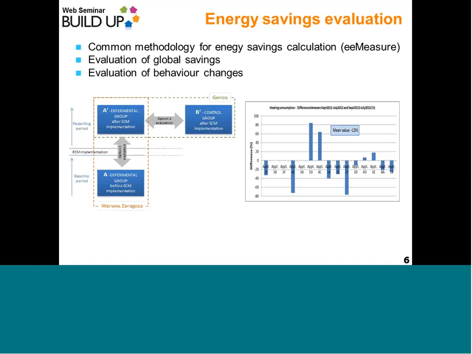After this period, we have 1 year of monitoring period, during which the tenants use the ICT solution, and we compare this monitoring period with the baseline period. Another approach was followed in the Genoa pilot. We used a control group that did not use the ICT solution, and a monitoring group which had the ICT solution installed. And we compared both groups during the same period.